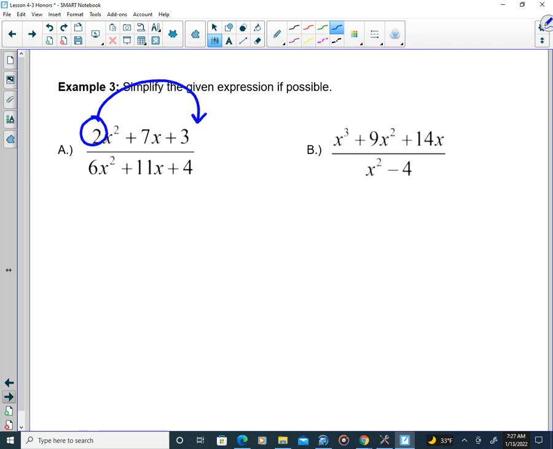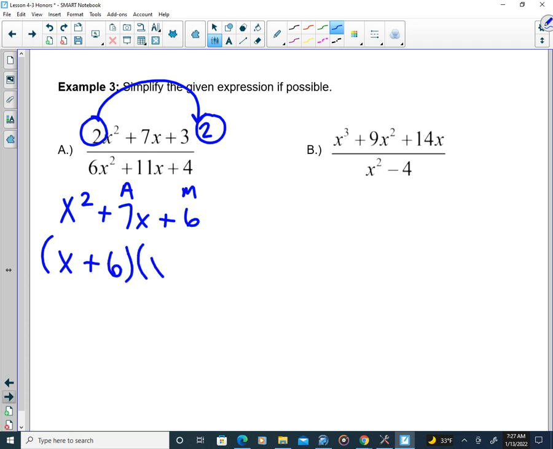So we're going to slip that 2 to the back and rewrite the numerator as x squared plus 7x plus 6. So now I need to find two numbers that multiply to be 6 and add to be 7. So those two numbers are 6 and 1, right? 6 times 1 is 6. 6 plus 1 is 7.